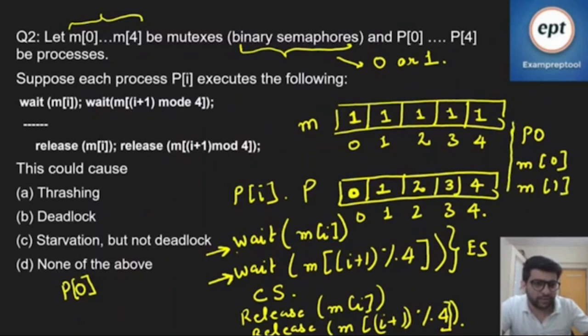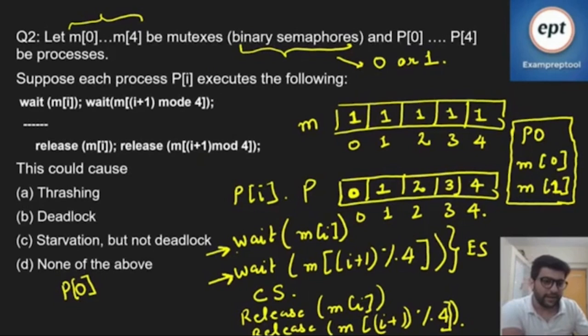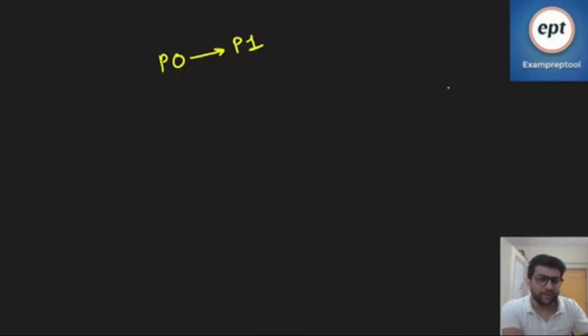We know that the M1 mutex is already locked by the process P1. So we can say that the process P0 is waiting for some resource to be released by the process P1, right? And similarly, the P1 process.